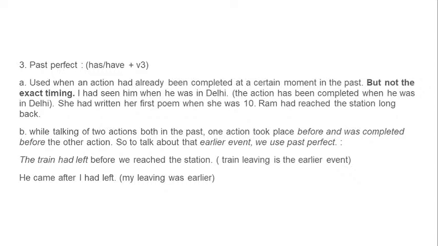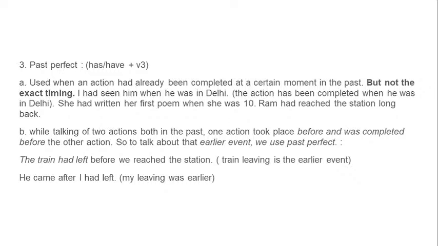The second action, reaching the station, is interrupting the train leaving action. But here, the train leaving action is already finished. It is not anymore live. It is completed before only. In fact, completed before the second action came to interrupt it. So that is why we have used past perfect.